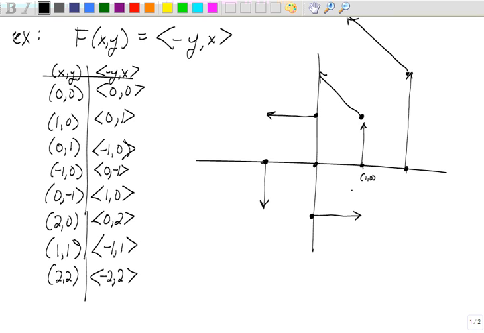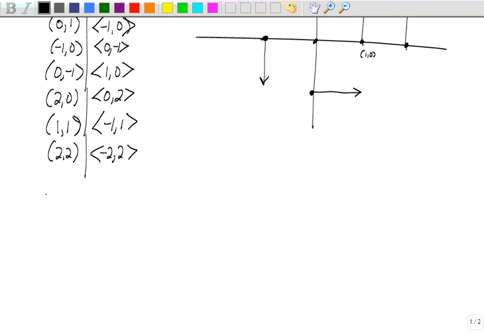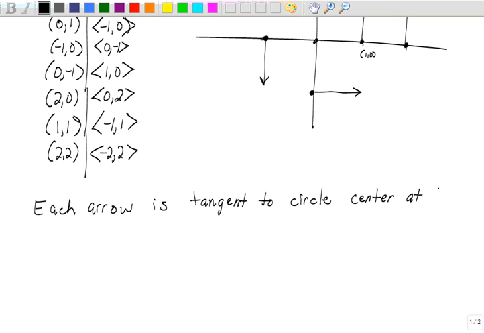So it looks like it's kind of going around in a circle. And that's the case: each of these arrows is tangent to a circle centered at 0, 0.